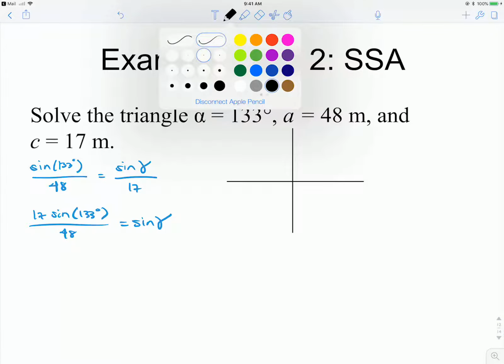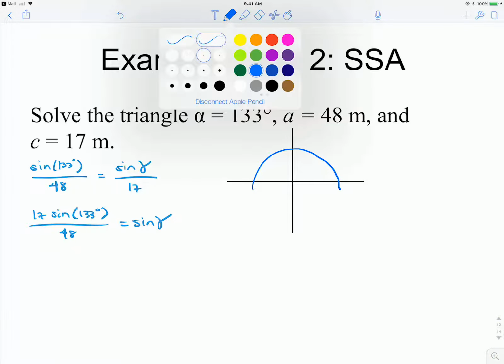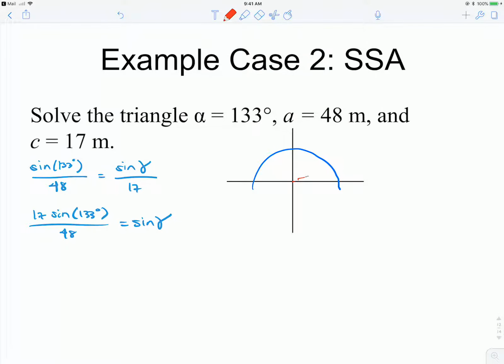So if you think about the unit circle, and if this is 30 degrees, we know this point is root 3 over 2, comma 1/2. Then this point, which is symmetric about the y-axis, would be negative root 3 over 2, comma 1/2. And this angle would be 150 degrees.